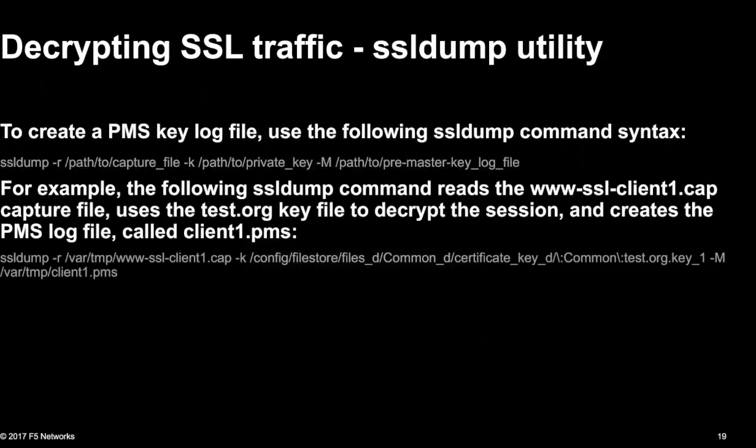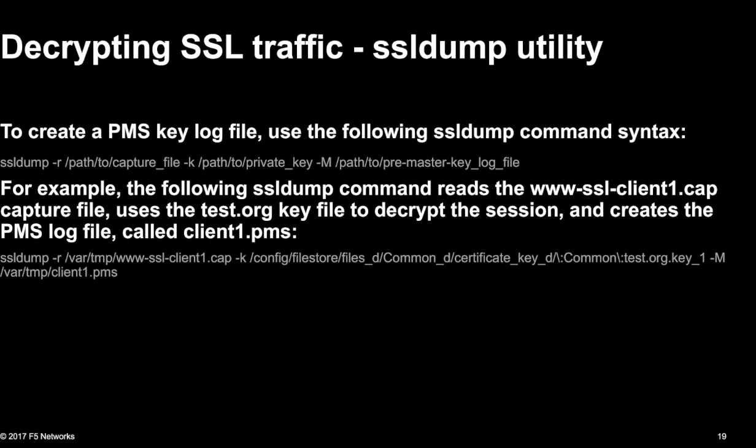The second method is decrypting the traffic with the ssldump utility. To create the PMS key log file, you will need to use the following ssldump command. Basically, it's ssldump -r to read the packet capture, then -k, and you will need to provide the path of the key.